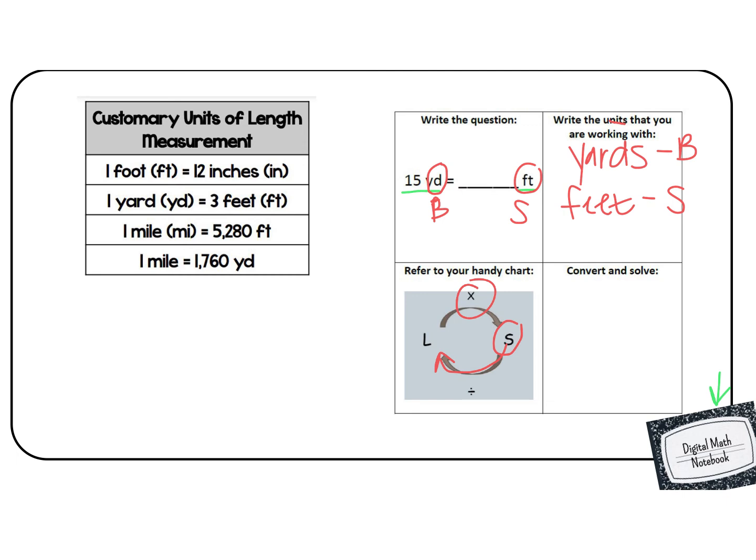We go to our handy dandy conversion chart, and there are 3 feet in 1 yard. So 15 yards would be 15 times 3. Thinking of 15 like minutes on a clock, 15, 30, 45. So I know that 15 yards is 45 feet.